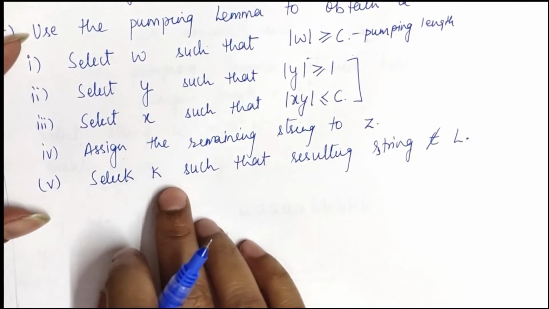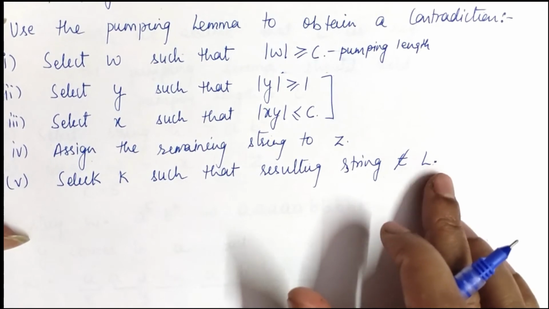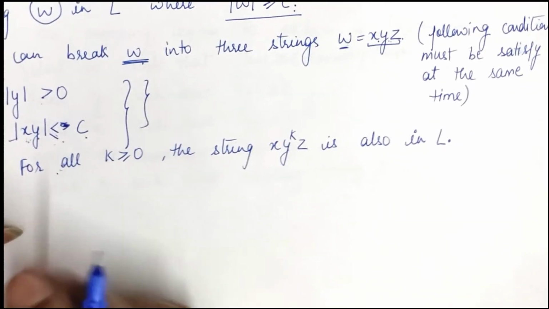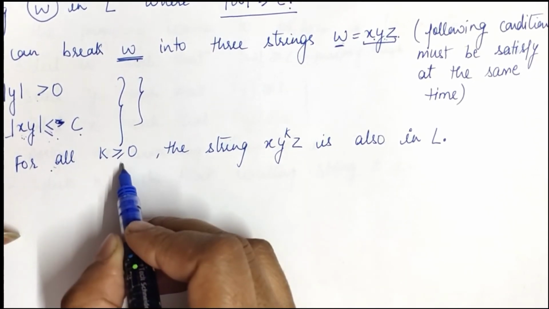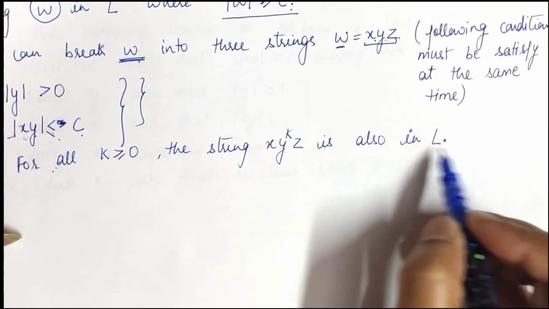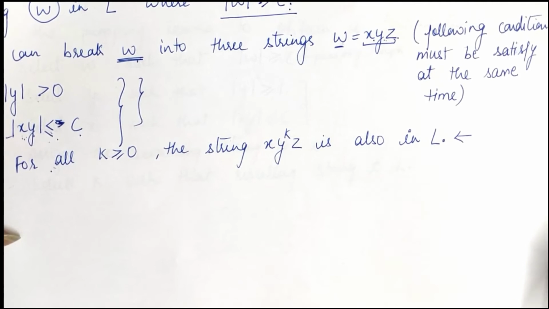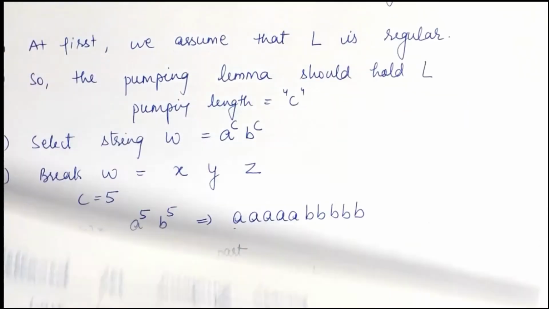Now after this, we have to select K such that the resulting string does not belong to L. For this step, we follow this: for all k greater than or equal to 0, the string x y to the power k z is also in L. If this condition is satisfied, then the language is regular. So now we check.